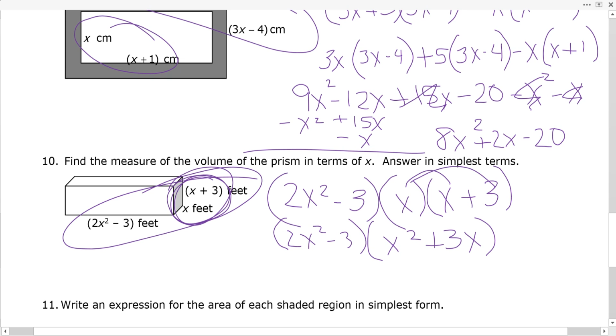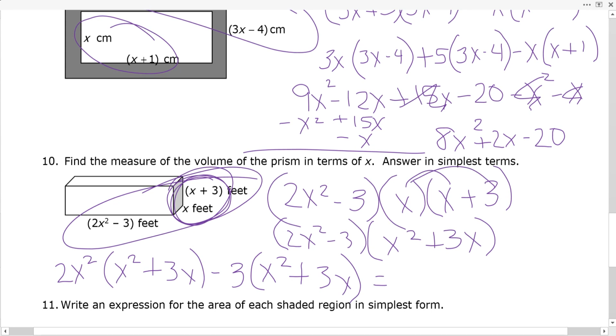I'm going to run out of room. I'm going to separate out my 2x squared times x squared plus 3x minus 3 times x squared plus 3x, and that's equal to 2x to the fourth plus 6x to the third minus 3x squared minus 9x. And I'm done because none of that combines because none of those are like terms.